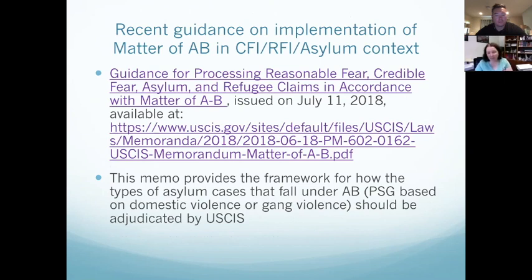I really recommend that you read this guidance if you are doing CFIs, RFIs, or asylum interviews where your client has a domestic violence claim or a gang violence claim, because you need to see how USCIS has been instructed to review that claim, and then make your best argument about why your client doesn't fall under A-B, or why your client still has a valid claim in spite of A-B.